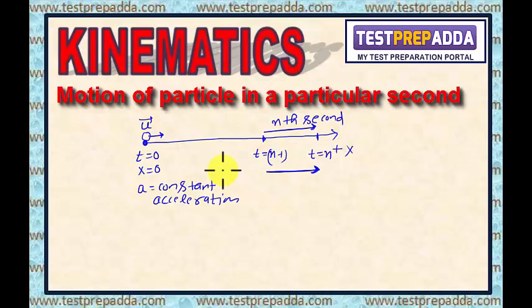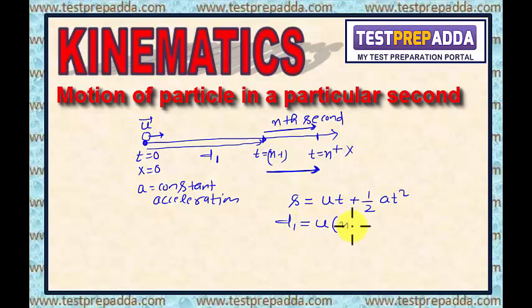To find that, I'll use equation of motion. S is equal to ut plus half at square. Now if I substitute this time t as n minus 1 here, I'll get this distance d1. So I'll write d1 as u into n minus 1 plus half a into n minus 1 square.